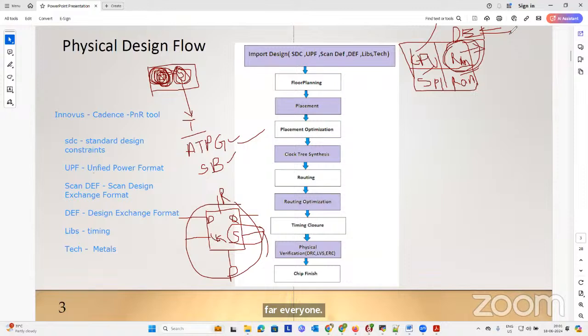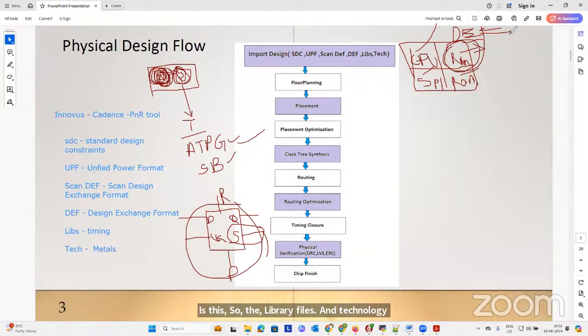The input files. What are the input files we are using for floor plan? SDC, UPF (Unified Power Format), ScanDef, def files, library files, and technology library files.